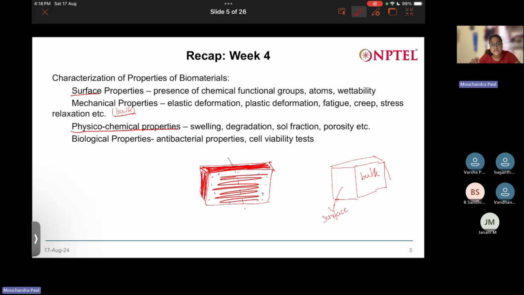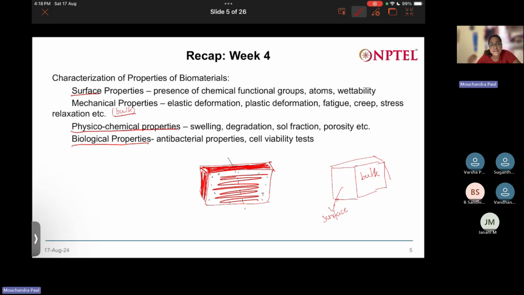Then lastly, since this material is going to be in touch with cells, right? So we are also interested in how the cells are going to behave when in contact with this material. Those properties come under biological properties. We want to make sure that the material does not promote bacterial film formation, biofilm formation, meaning it should have antibacterial properties.